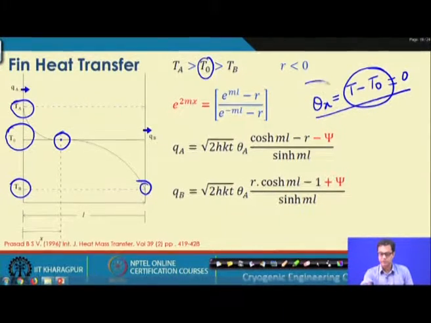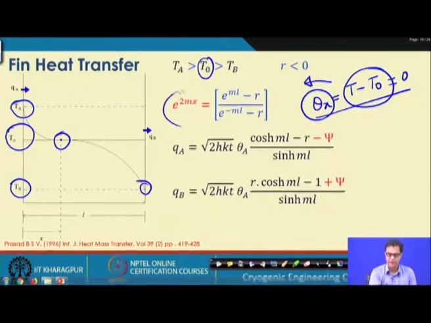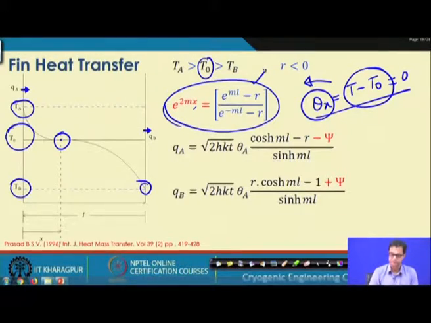So, if we put this condition, and this is theta x, already we have obtained the fin equation, and if we equate it to 0, we will have a relation for the length x at which theta x equals 0, given by this relation.